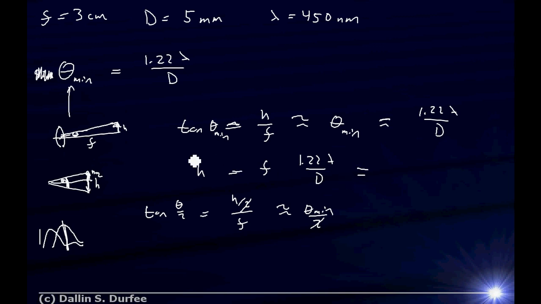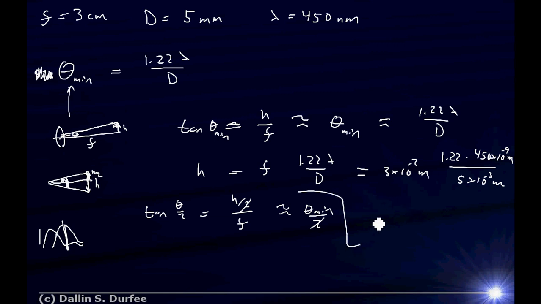And all we have to do then is just solve what is h. So we plug in our focal length, 3 times 10 to the minus 2 meters, multiplied by 1.22 times 450 times 10 to the minus 9 meters, divided by d, which was 5 times 10 to the minus 3 meters.